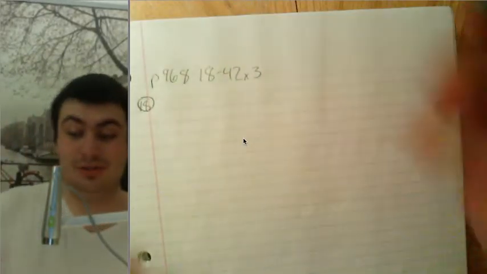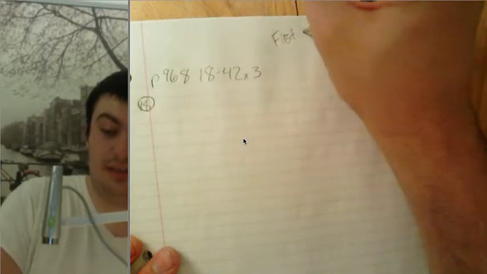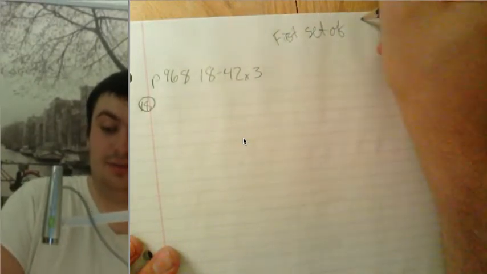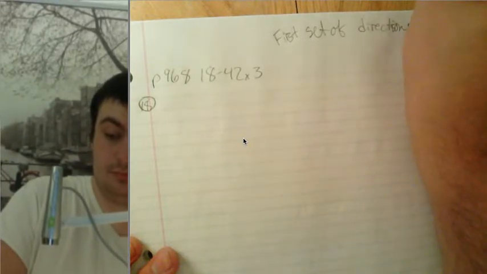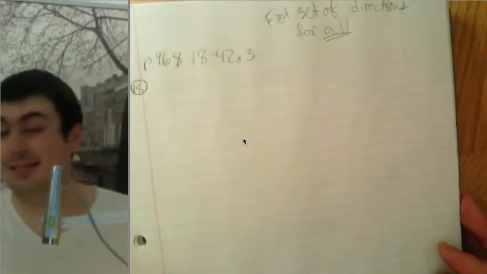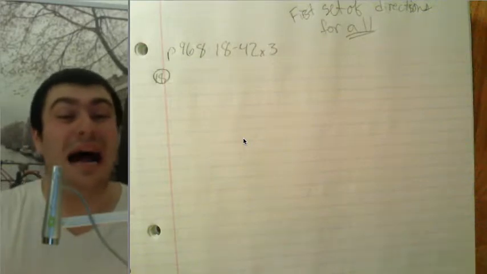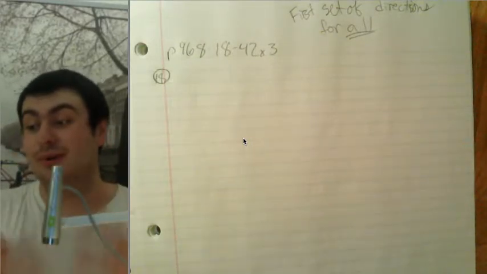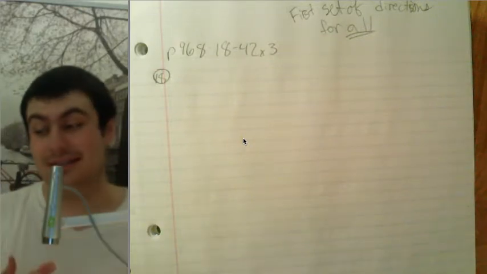We're going to use the first set of directions for all. So when it says simplify, we're not going to simplify. We're not going to find the exact values. We don't quite know how yet. So we're just going to write each expression in radical form, or the radical as an expression.